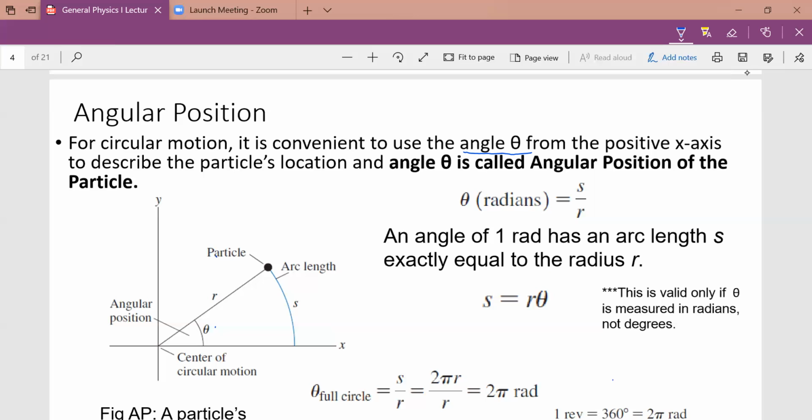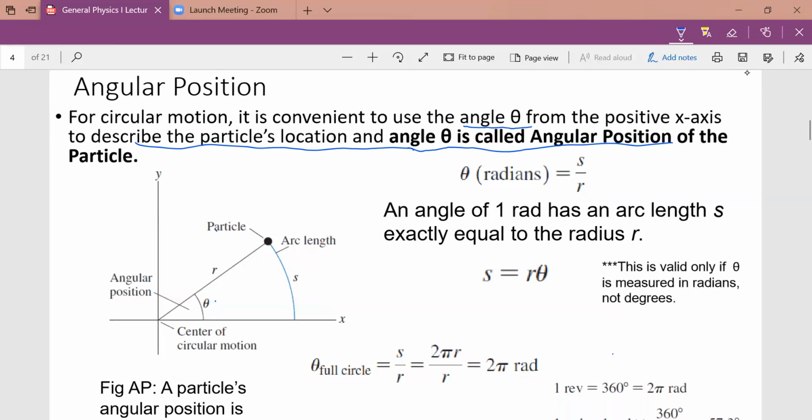But when it comes to circular motion and its description in relation to rotational motion, we use what we call the angular position. Angular position primarily describes the particle's location, and the angle theta is called the angular position, as we can see in this image.